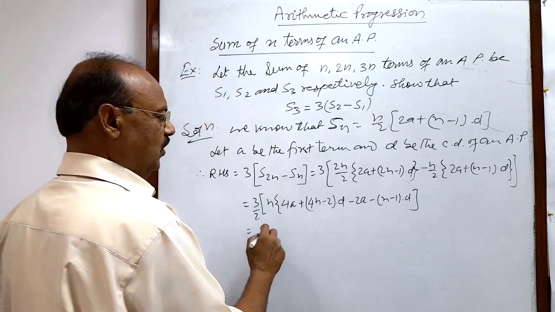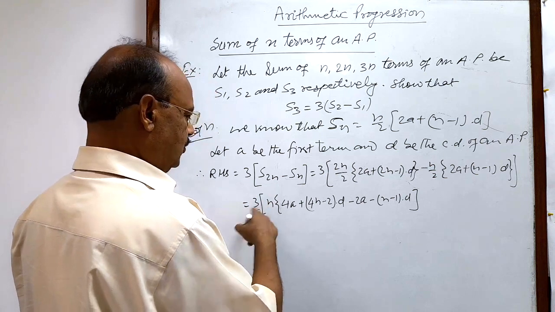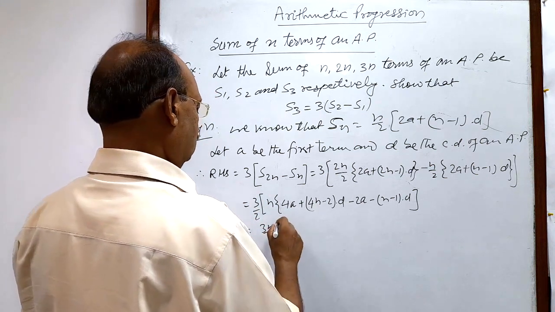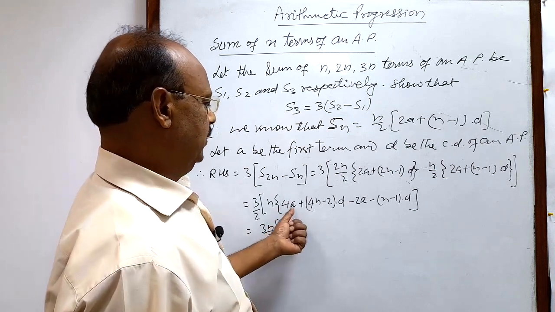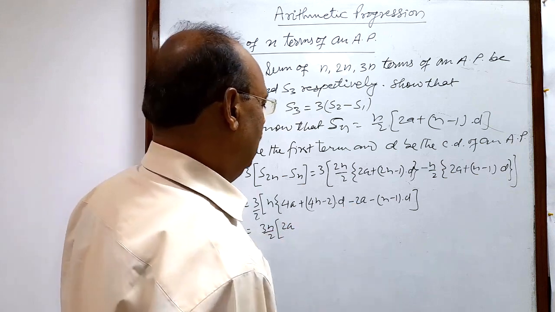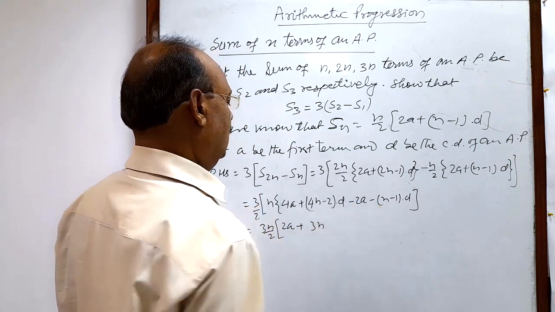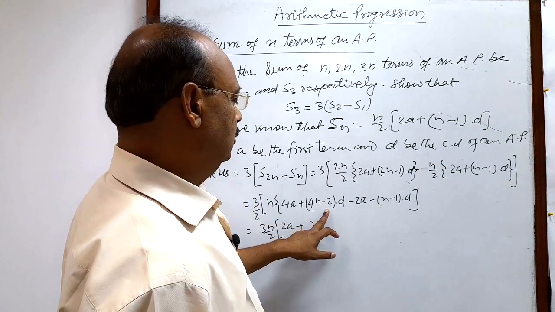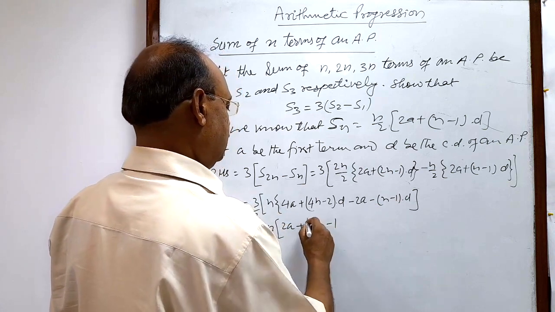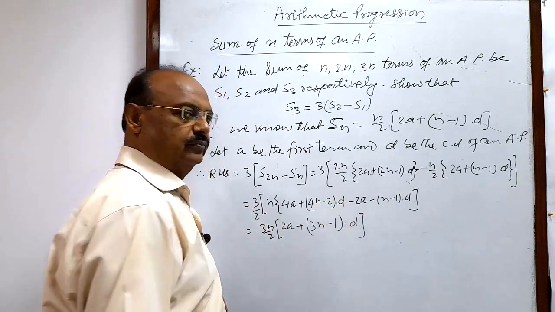And this is equal to, again we can take n outside this bracket. So this will be 3n by 2, and inside the bracket 4a minus 2a, that is 2a, and 4n minus n is 3n, and minus 2 plus 1 is minus 1, and d is common here.